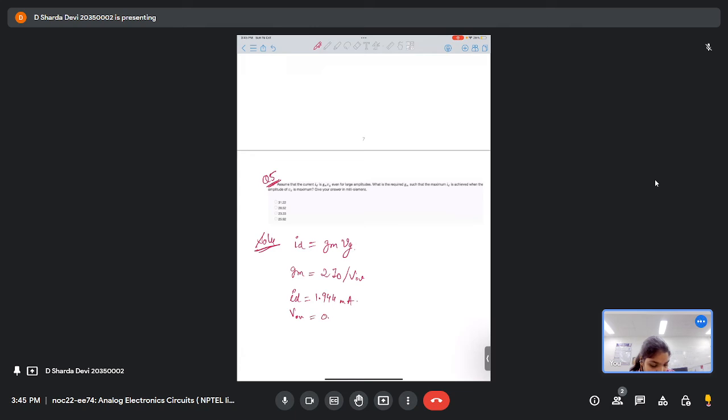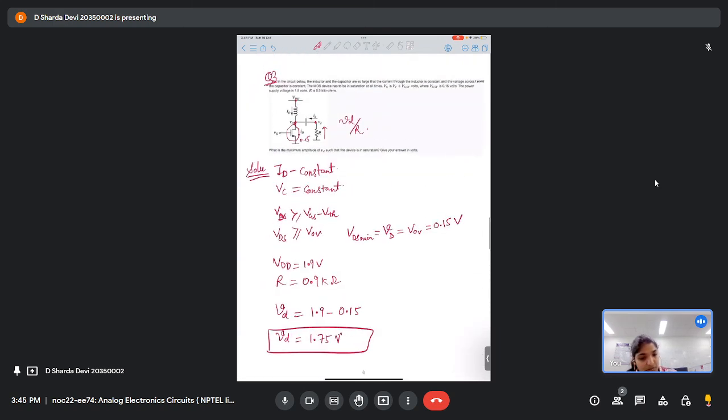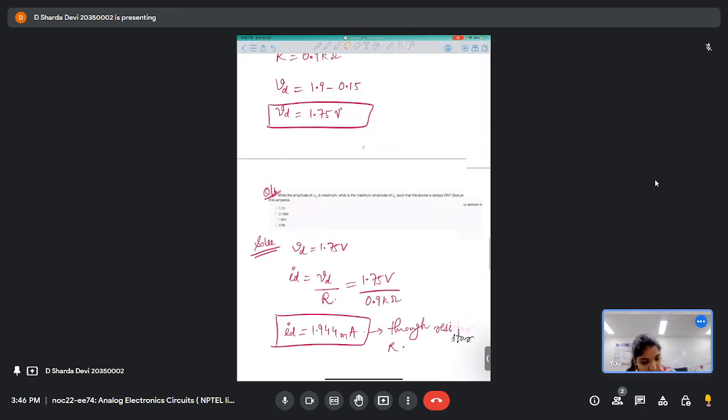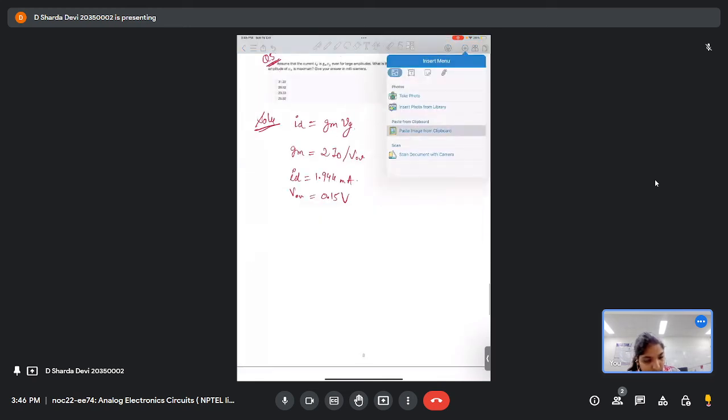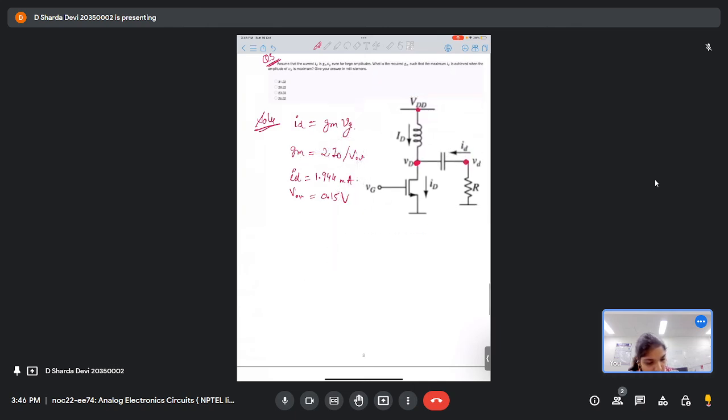VOV is 0.15 volts. Let me copy this diagram also. Okay.